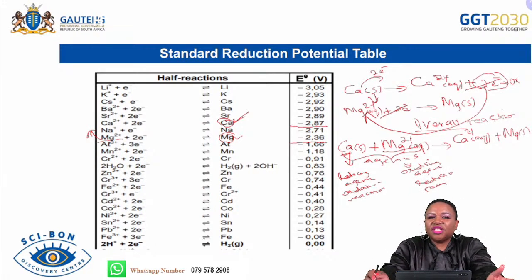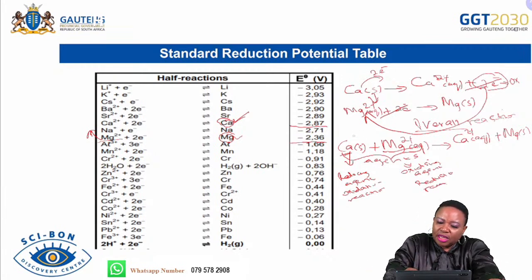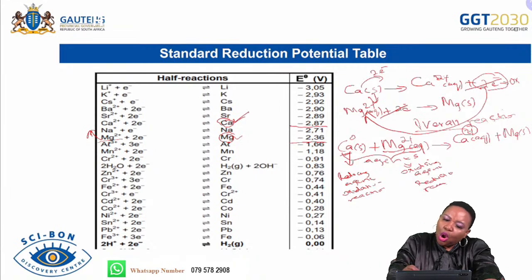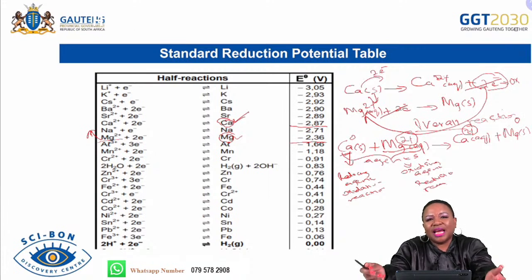As these agents are reacting with one another, the one loses, the other one gains. So we can also say calcium moved from 0 to 2 plus, so its oxidation number increased to indicate that it has undergone oxidation. Mg2 plus moved from 2 plus to 0, also indicating that there was a reduction.